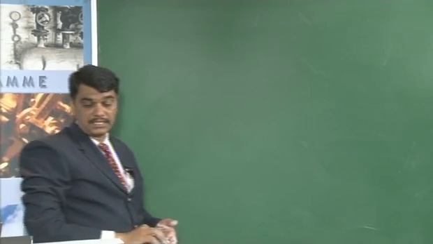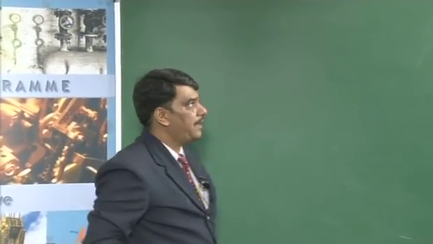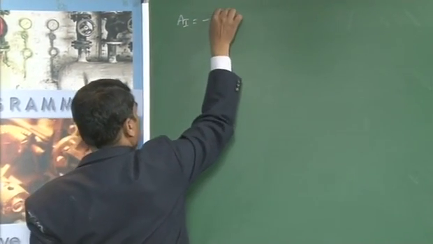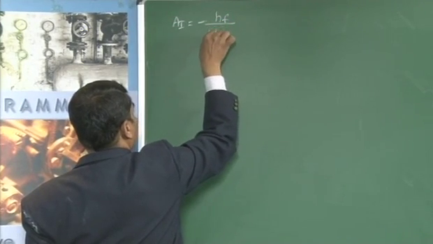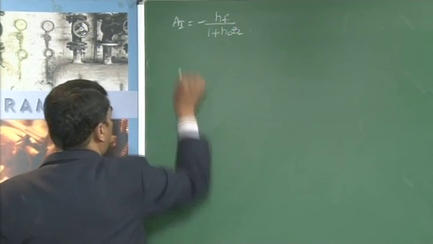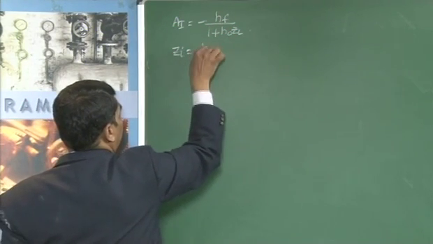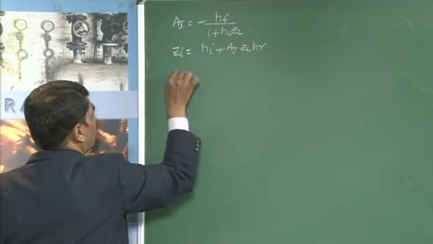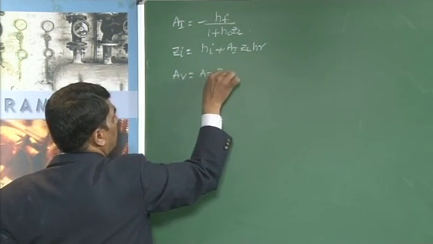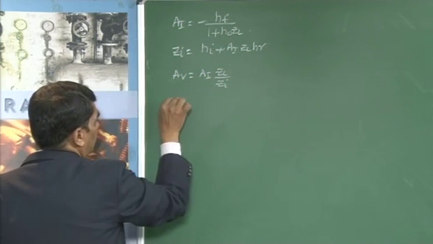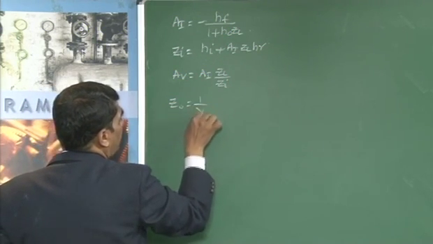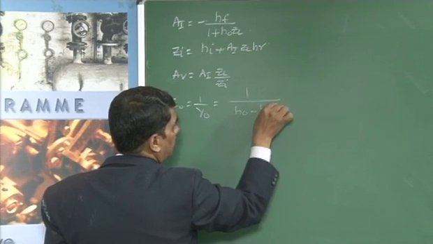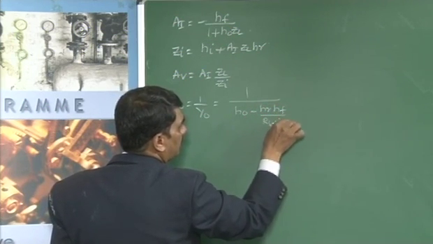If you summarize this small signal analysis of a transistor, these are the important things you have to remember: current gain AI is equal to minus HF divided by 1 plus H0 into ZL, ZI is equal to HI plus AI ZL HR, AV is equal to AI ZL by ZI, and Z0 is equal to 1 by Y0 equal to 1 divided by H0 minus HR HF divided by RS plus HI.